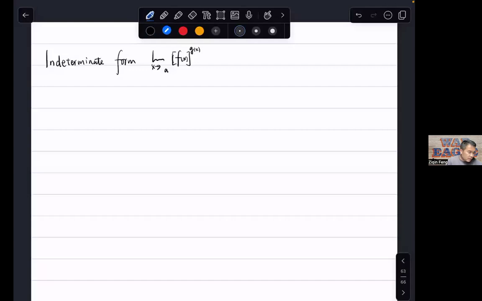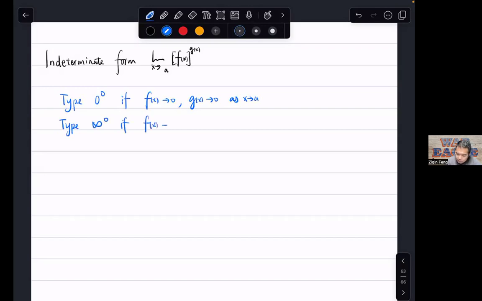indeterminate forms? The first one is type 0 to the 0. What's the meaning of that? If f of x goes to 0 and g of x also goes to 0 as x goes to a. Or type infinity to the 0, if f of x goes to infinity and g of x goes to 0 as x goes to a.